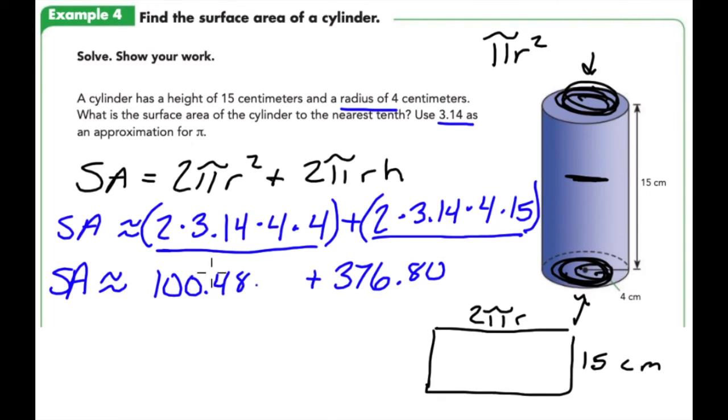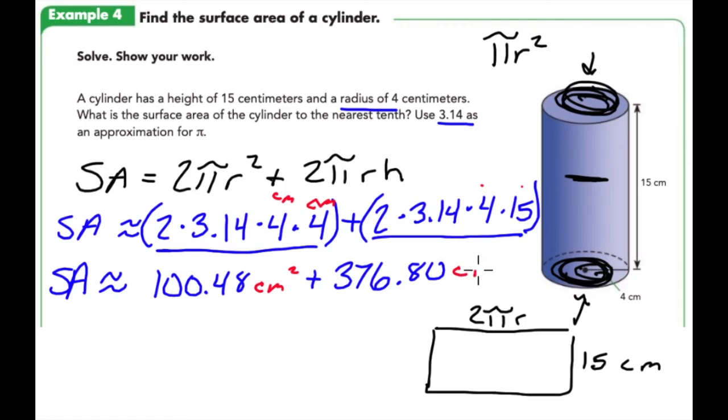I left space here because I want to go over the unit that we're using. In here, 2 doesn't have a unit, pi didn't have a unit, but these two 4s were centimeters and centimeters, so that would be centimeters squared. Over here, 2 and pi didn't have a unit, but 4 was centimeters, and 15 was also centimeters.